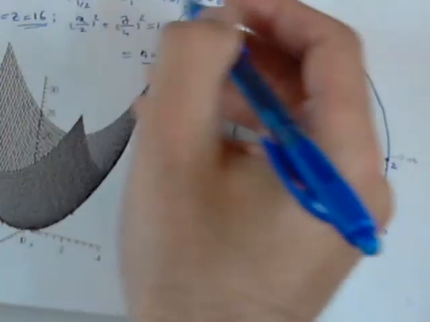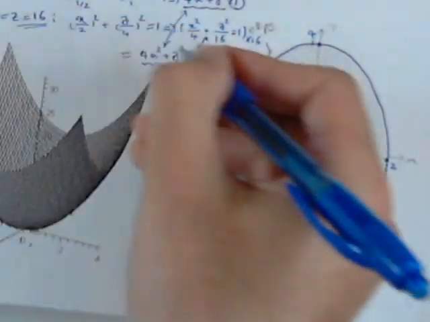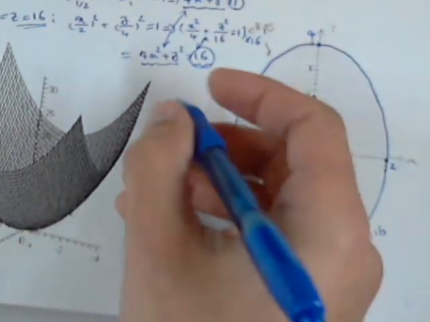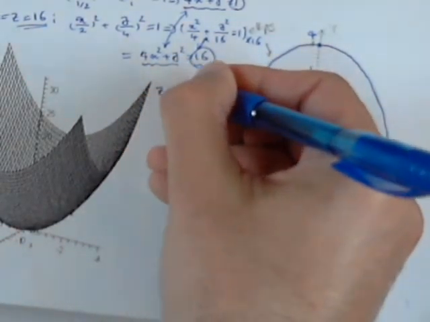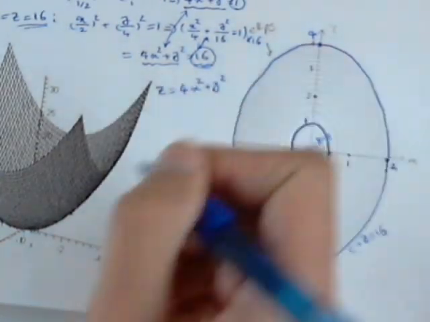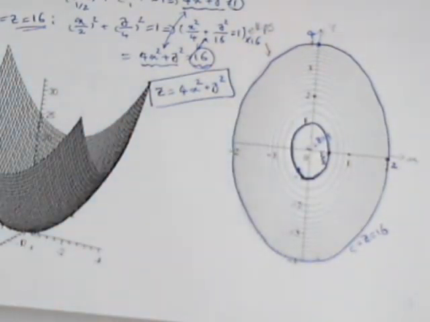When z was 1, on the right side I had 1. When z is 16, on the right side I have 16. And the equation then is z is 4x squared plus y squared. You only need to look for a trend.